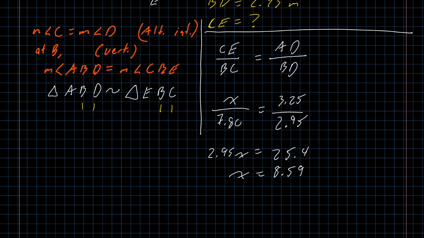I typoed that. It comes out at 8.61. The difference between 8.59 and 8.61 is negligible as far as I'm concerned. So if you got that close, that's good enough. All right, moving along.